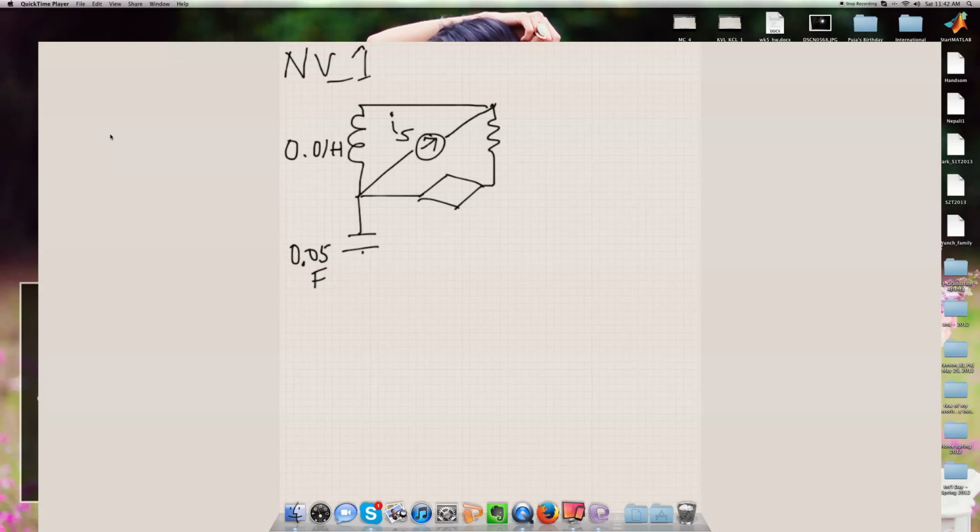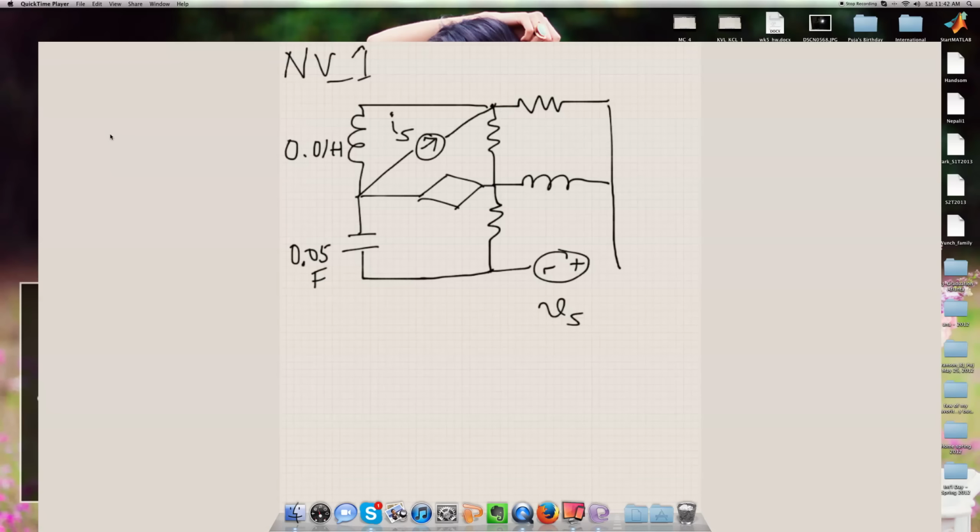And we have another resistance here, a resistance here, and an inductance here. We have another source, this time a voltage source, V sub S. And we have a line going like this.